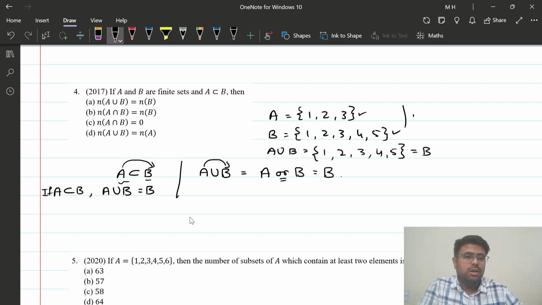Similarly, if I take A intersection B, what is it going to be? It is going to be only the common elements, right?